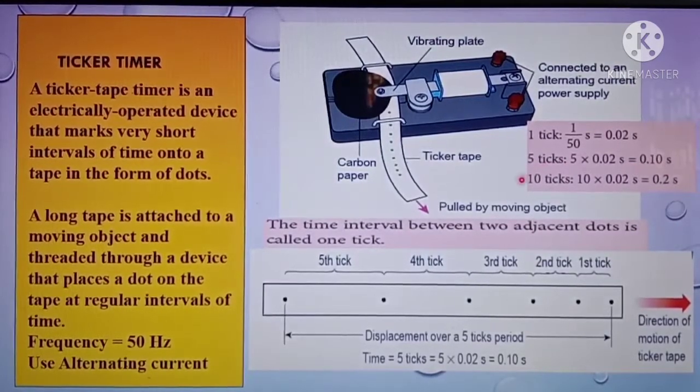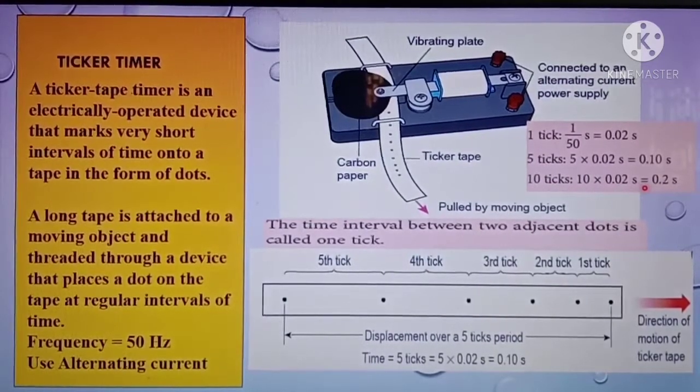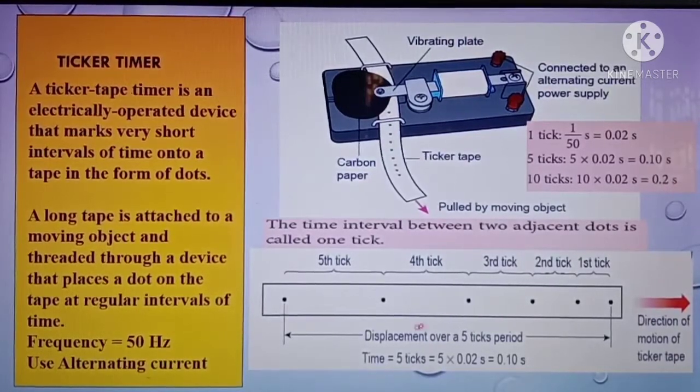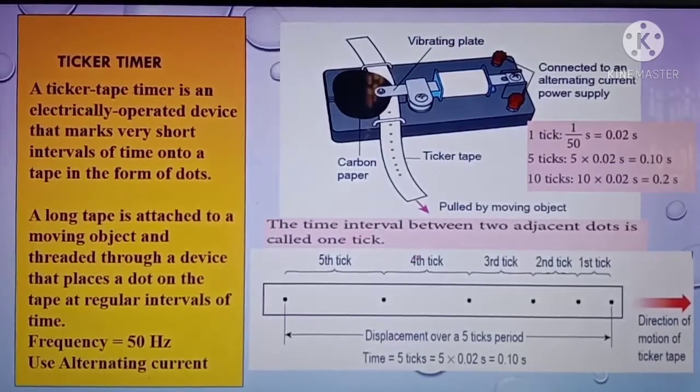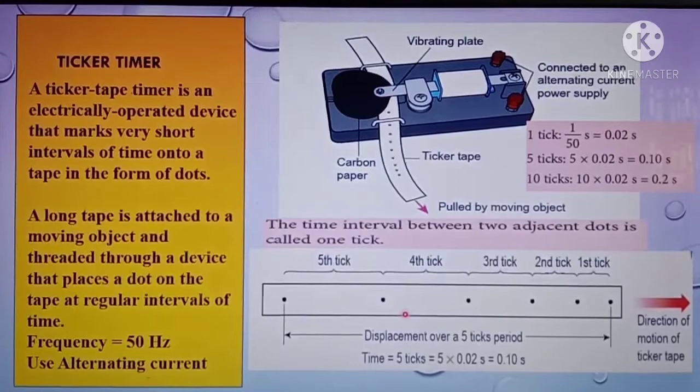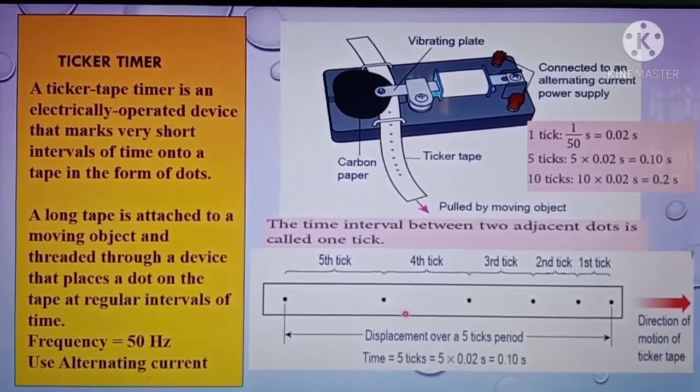If you calculate for 10 ticks, meaning 10 times 0.02 second, that equals 0.2 second. So we are going to use ticks in order to calculate distance, displacement, speed, velocity, or acceleration.